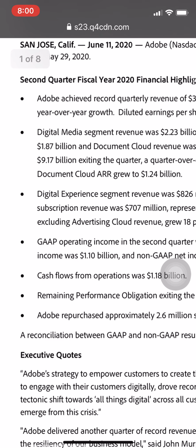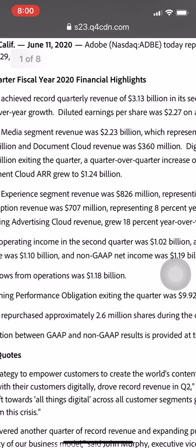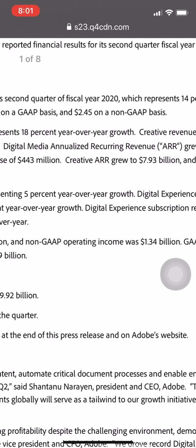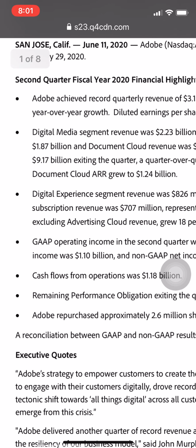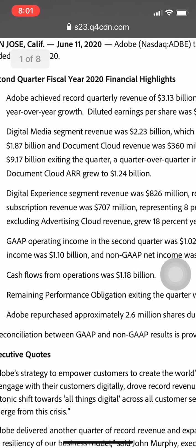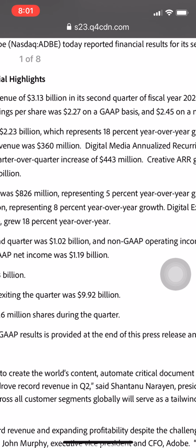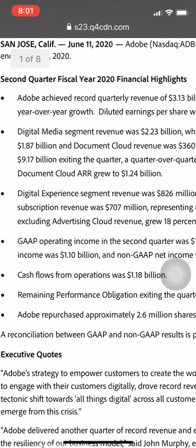And second quarter fiscal year 2020 financial highlights, you can see that they achieved record quarterly revenue of $3.13 billion in second quarter fiscal year 2020, which represents 14% year over year growth. So to see that kind of double digit growth, even at the size of the company, is great to see. Diluted earnings per share was $2.27, and that's on GAAP basis, and $2.45 on non-GAAP basis.